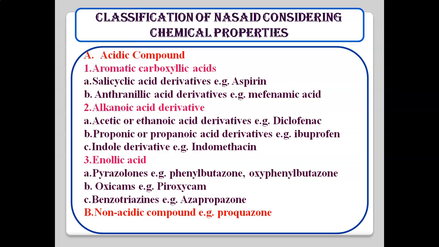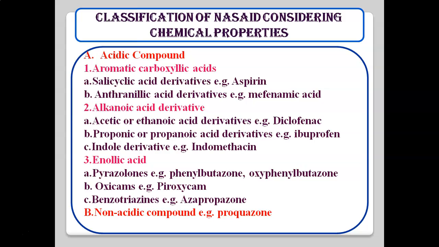First is aromatic carboxylic acids, second is alkanoic acid derivatives and third is enolic acids. Aromatic acids are further divided into two groups, that is salicylic acid derivatives, example is aspirin, and anthranilic acid derivatives or phenamates, example is mefenamic acid.